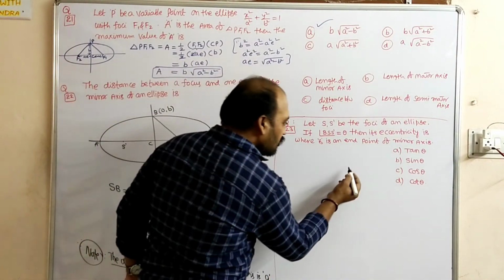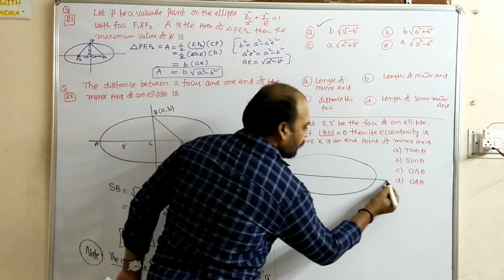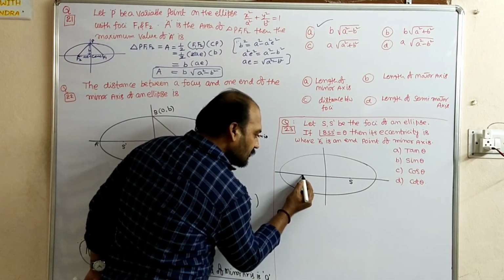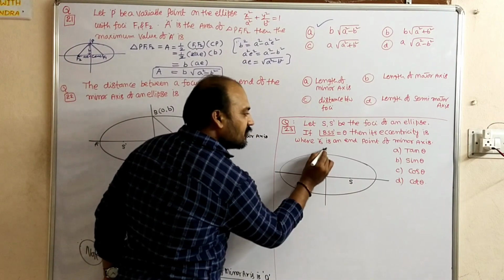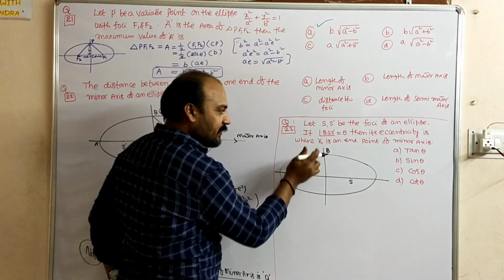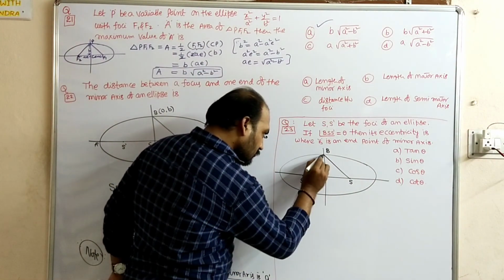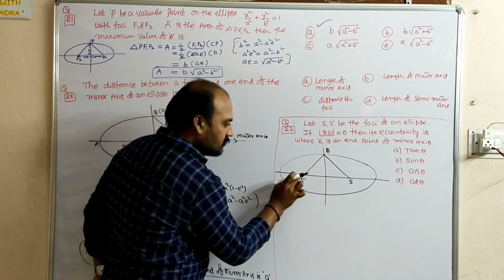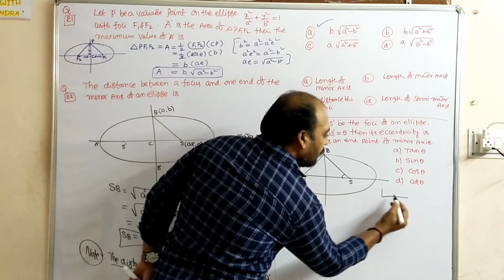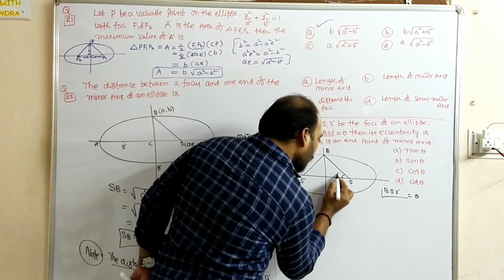See here, if you draw the figure like this, S dash, one end of the minor axis, end point of minor axis B. So join them. According to that, angle BSS dash equal to theta. So here I am taking it as theta.